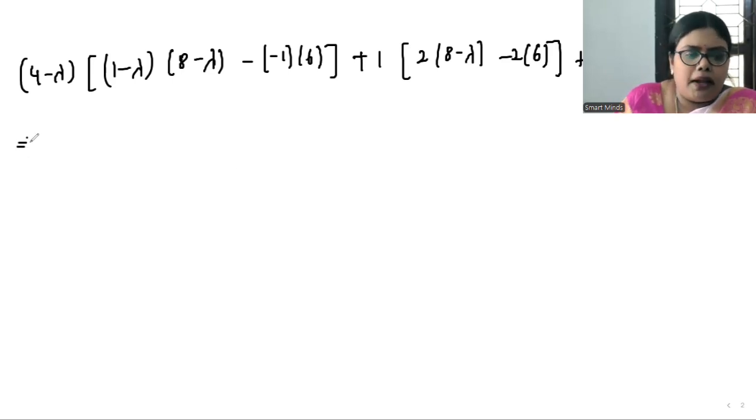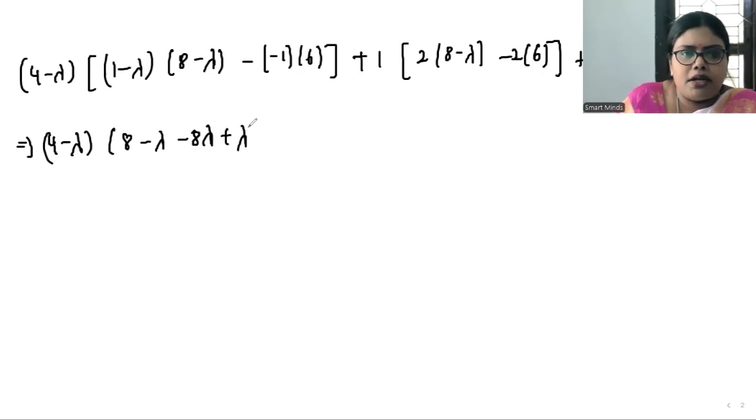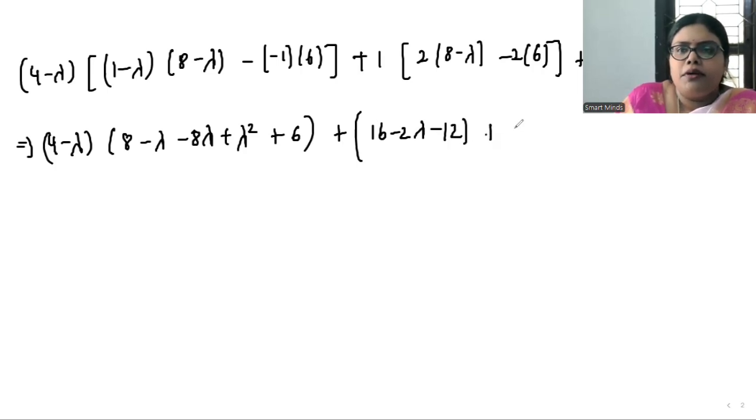Now we need to expand this. So (4 minus lambda) into (8 minus 8 lambda plus lambda square) plus 6 plus (16 minus 2 lambda minus 12) plus 6 into (minus 2 plus 2 lambda) is equal to 0.